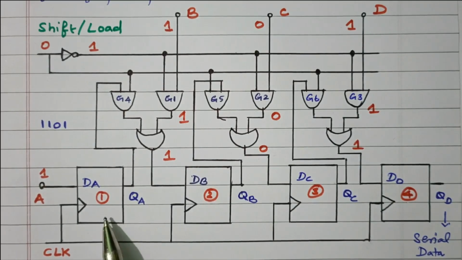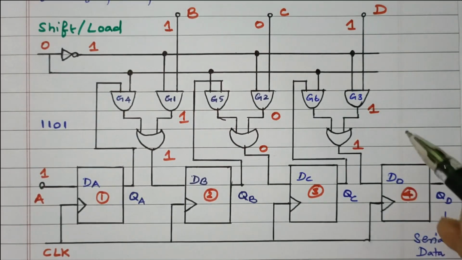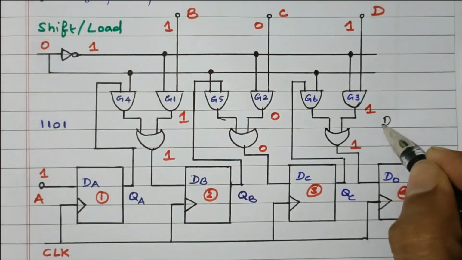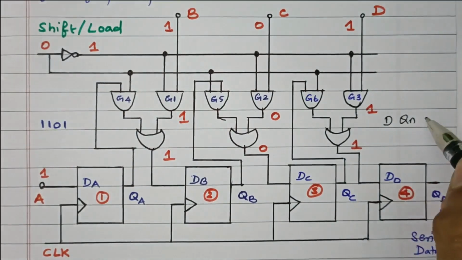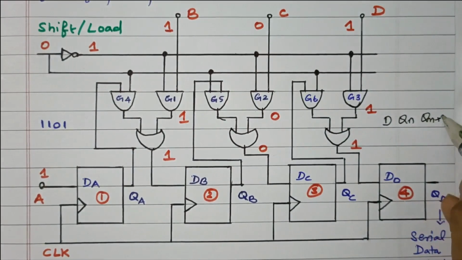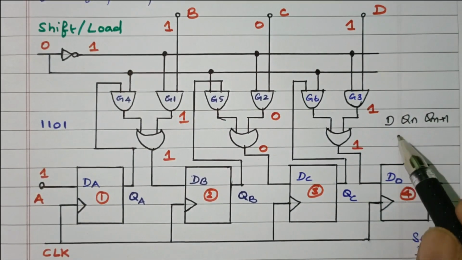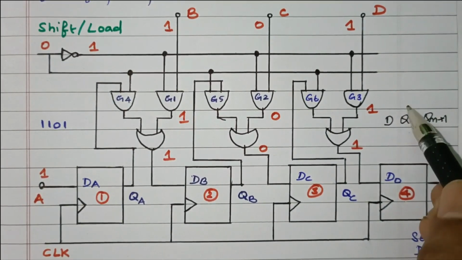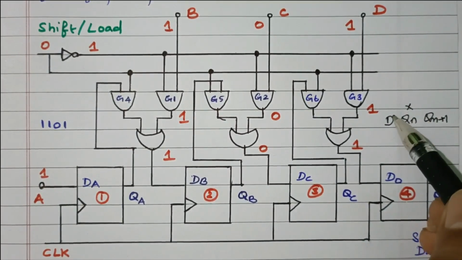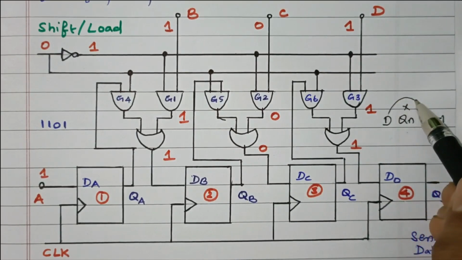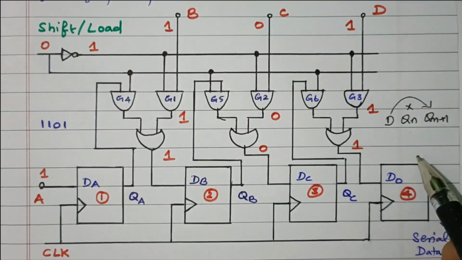What is the excitation table of the D flip-flop? The input D, present state, next state Qn plus 1. What is the nature? Whatever the present state, the input D we apply will be reflected as the next state of the flip-flop.